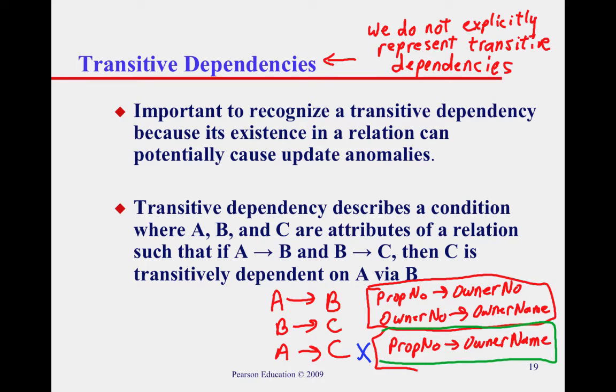Yes, it is a full functional dependency, but it's redundant. So a transitive dependency is a redundant dependency. Again, it's not a minimal one. It can be derived from two other dependencies.